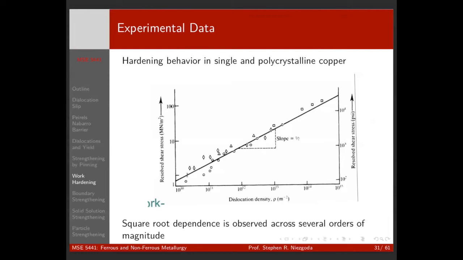Okay, 10 to the 10th. This is super low, right? But how low is it? What is 10 to the 10th meters? How far is that approximately? Right, so if I had a chunk of well-annealed metal that would fit on this tabletop, 1 meter by 1 meter by 1 meter, there's 10 to the 10th meters of dislocation line in it.